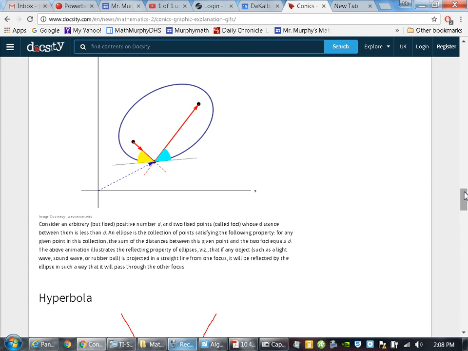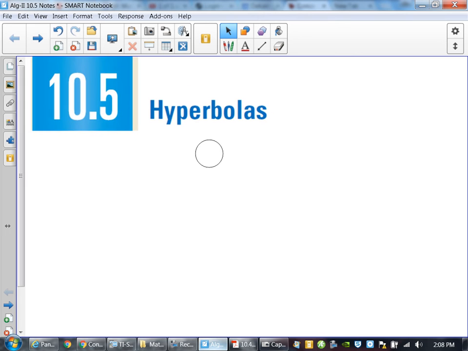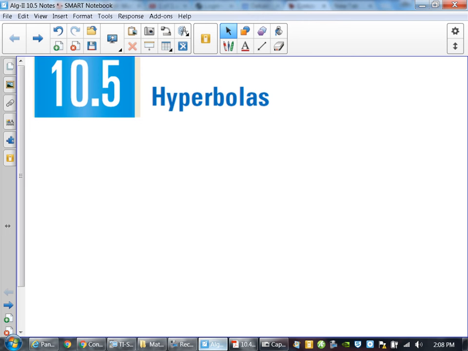All right. So anyway, the difference with the hyperbola versus the ellipse is that in the hyperbola, this a minus b value remains constant. You don't have to write that down, but that's the difference.